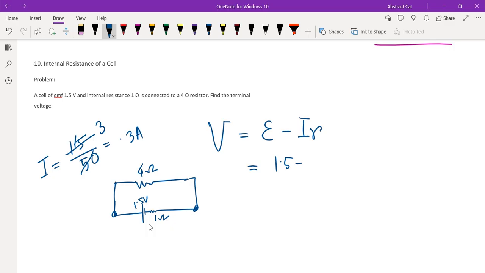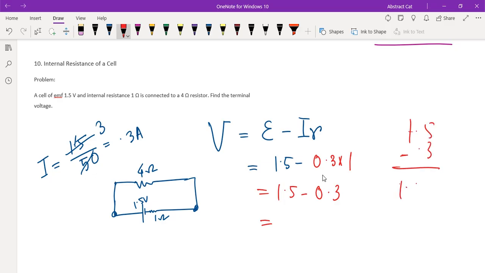The terminal voltage is this, and you know the current is 0.3 ampere, so put the current value here. 0.3 ampere times internal resistance 1. So 1.5 minus 0.3, that is 1.2. That's the easiest problem to solve.